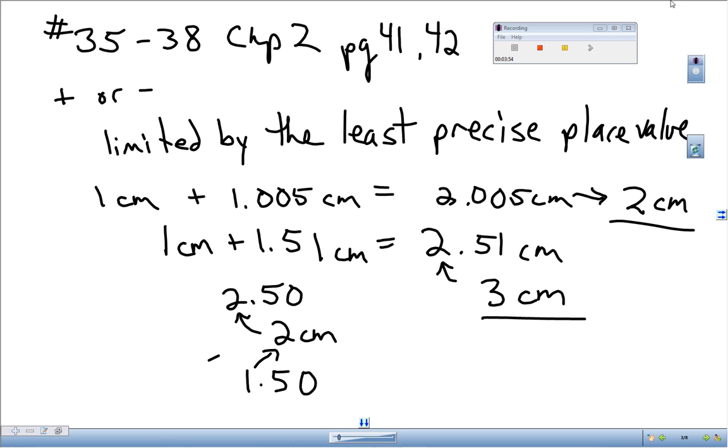If you have to round to the number right before a 5 that has nothing after it, if it's odd, round it up. Even, keep it the same. 1.51 is going to round up to 2 because this is bigger than 0.5.